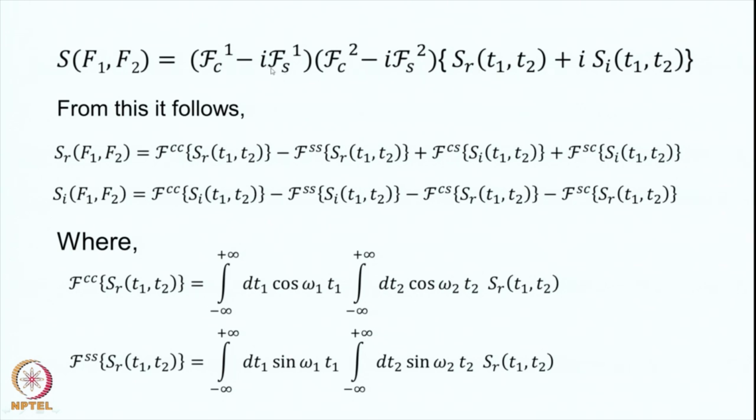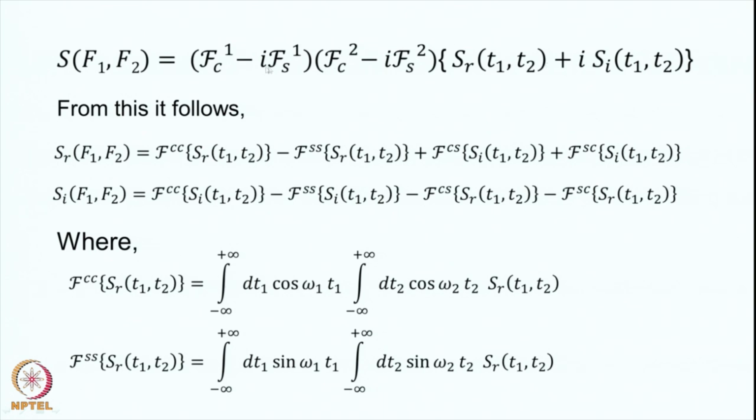Therefore, you can combine these two together, say Fc1, Fc2, SR(t1, t2), and likewise I multiply these and I get plus i squared, that is minus Fs1, Fs2, SR(t1, t2), and similarly you operate on the other side.